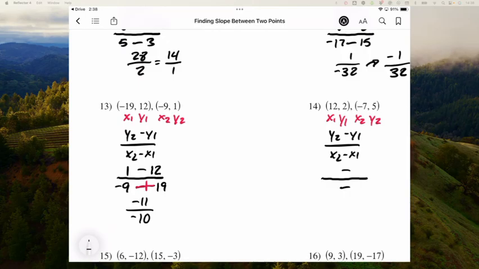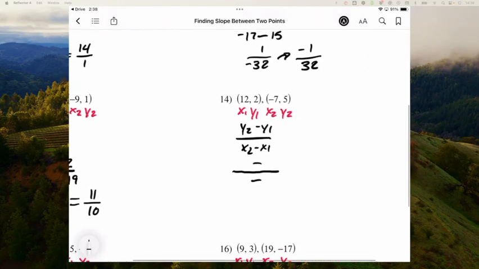Those are going to make a positive, so that is equivalent to 11 over 10. y2 is 5, minus y1 is 2, negative 7, 12. 5 minus 2 is 3. Negative 7 minus 12 is negative 19. Again, we need to fix that. Negative 3 over 19.